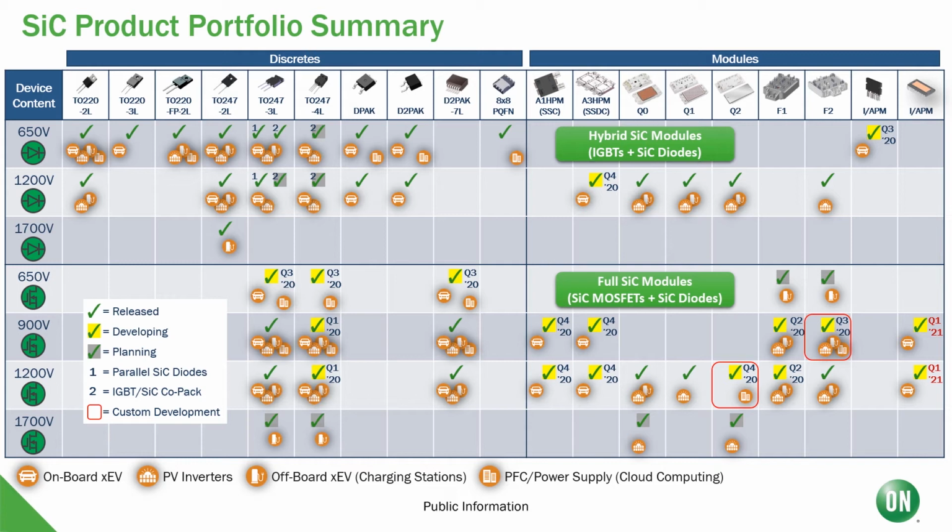And so on the bottom right-hand side, we have a variety of different full SiC modules, some orientated towards automotive, while others are orientated towards different industrial applications. Overall, we have a very wide and big breadth of portfolio and have solutions for every different application that you're going to run into.